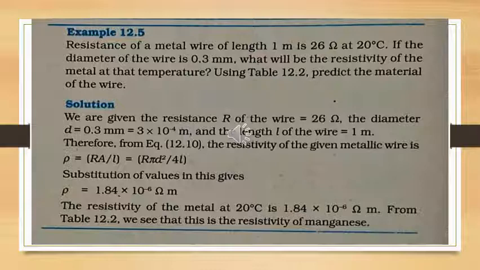So here we use the term d square upon 4 instead of r square. Now if you substitute the values, we get rho equals 1.84 into 10 raised to minus 6 ohm meter. The resistivity of the metal at 20 degrees Celsius is 1.84 into 10 raised to minus 6 ohm meter. From the table we can see this resistivity is of manganese, and therefore the material of the wire is manganese.